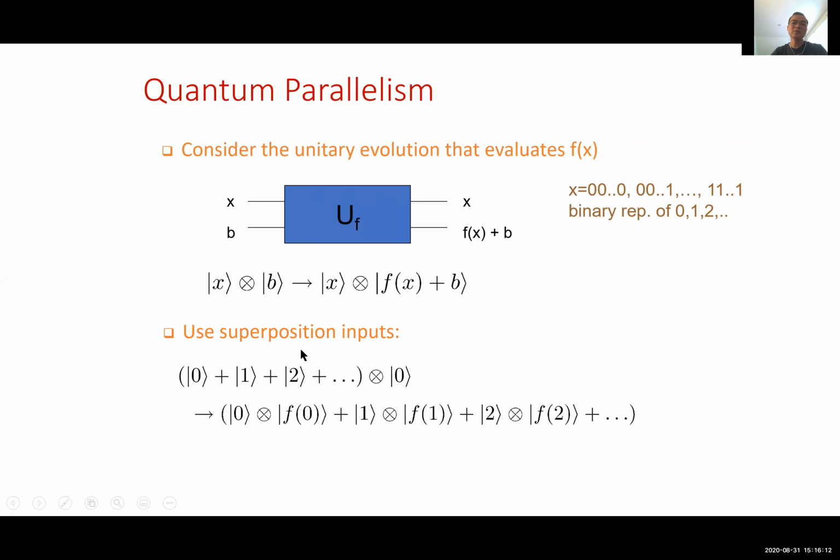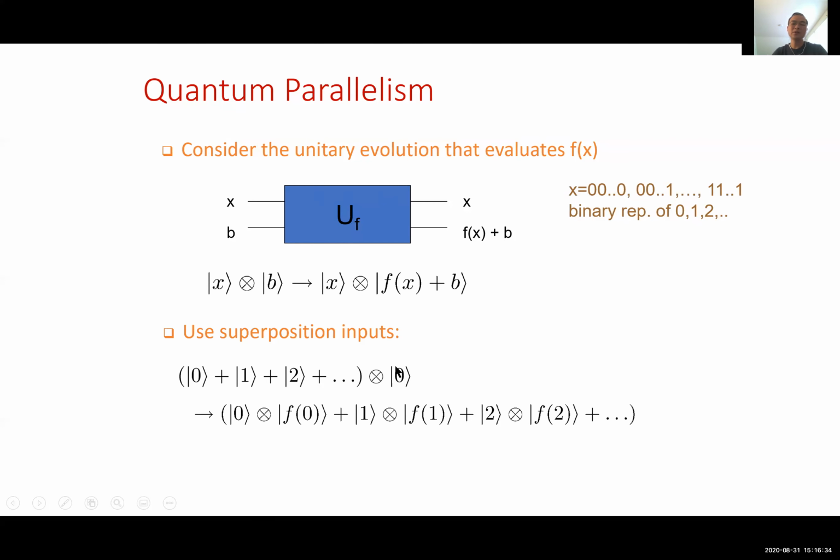Suppose I send in the x register being in a superposition of 0, 1, 2, etc. So this is really the 1, meaning that it's 0, 0, 0, 1, etc. I'm using this to represent it. You should think of it as a binary representation of the number.